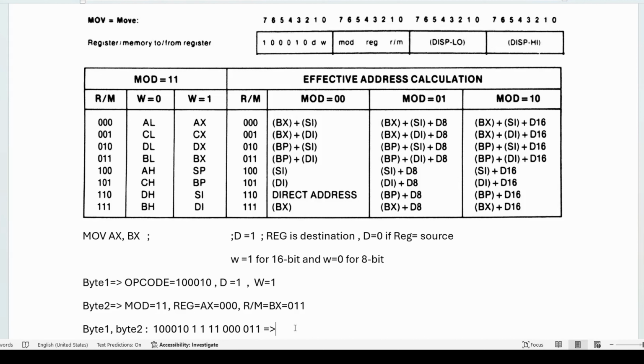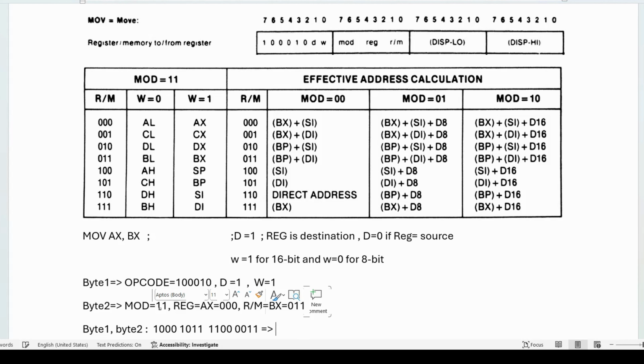If you look at the literature, you will find that machine code is usually displayed in hexadecimal form. So for hexadecimal, we will convert the bits into groups of 4. The first group is 1 0 0 0, then 1 0 1 1, then the next group is 1 1 0 0, and the next group is 0 0 1 1.